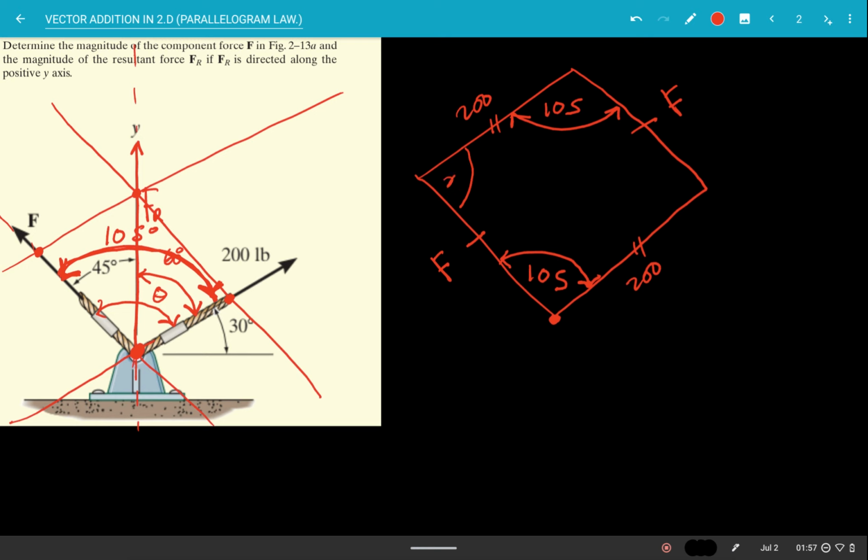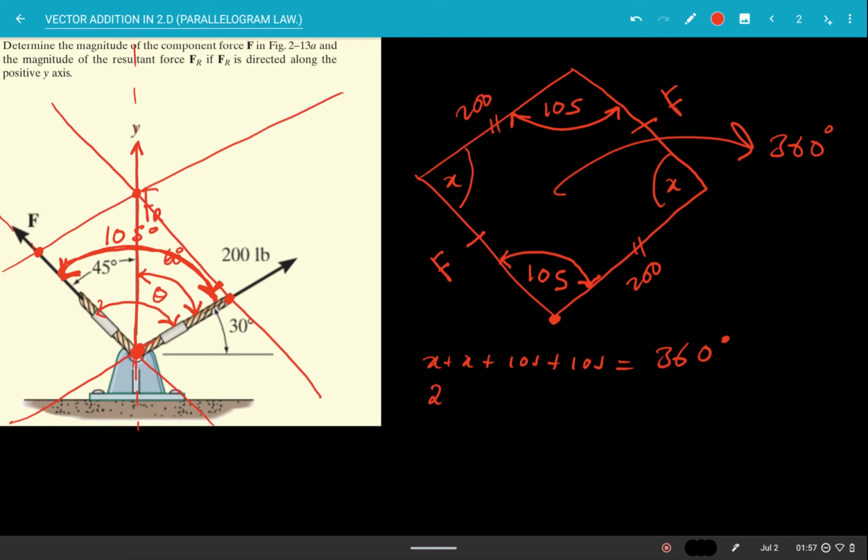So this is X, and that is also X. So I know this is a quadrilateral, and it adds up to 360 degrees. So I'll say X plus X plus 105 plus 105 is equal to 360 degrees. So this will be 2x plus 105 plus 105, that should be, if I'm not mistaken, 210.